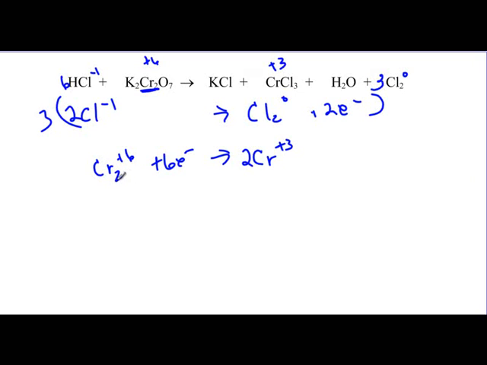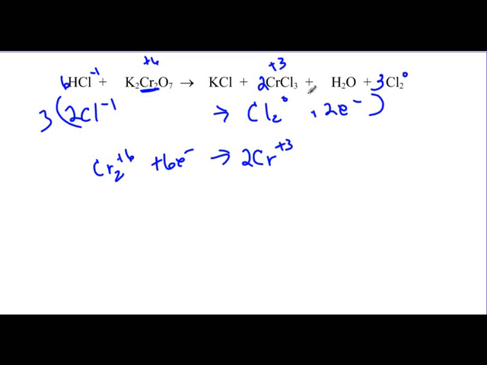For the Cr2, I just have the 1, and I need to put this 2 here for the chromium chloride. And then I have to see if everything's balanced. So I have 6 H's here, and I only have 2 here.